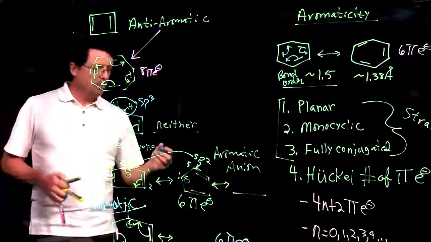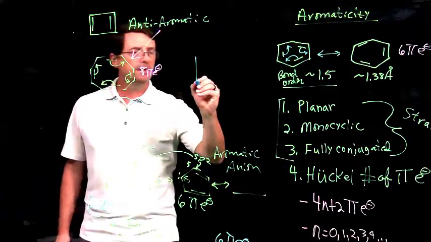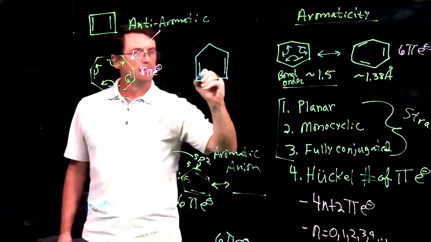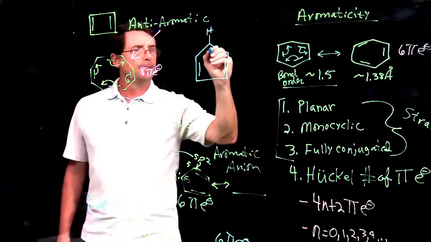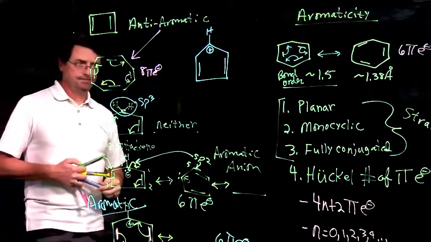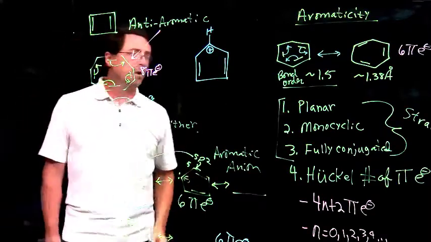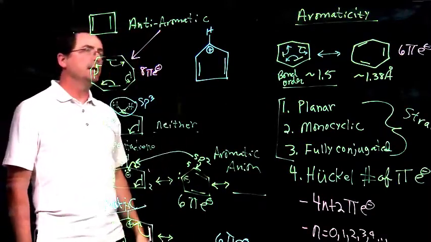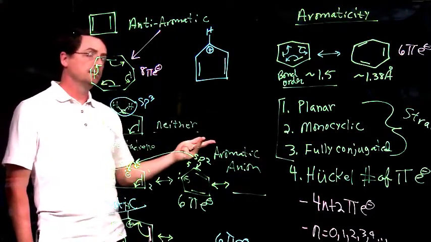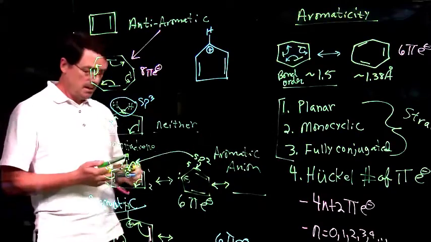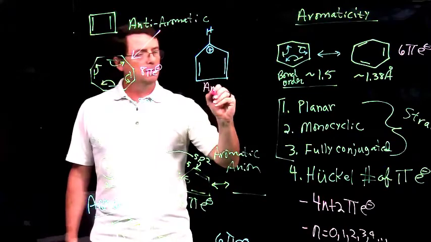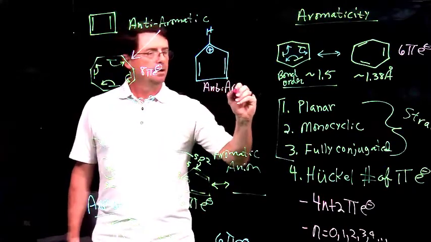And then I'm going to slip one more in here. Let's consider this. This is the cyclopentadienyl cation. Again, apply our 4 criteria. What do you think about it in terms of aromatic, anti-aromatic, or neither? Well, I hope you are now seeing rather quickly that this molecule would be anti-aromatic.